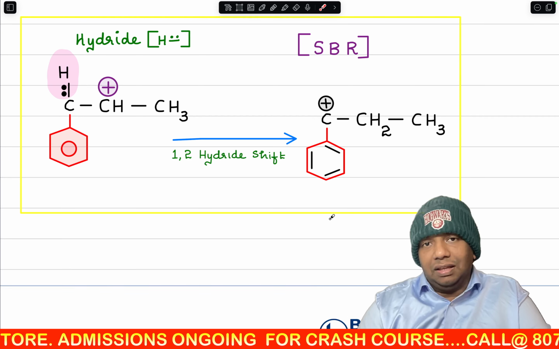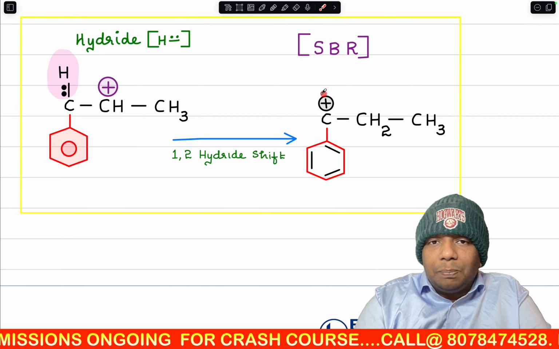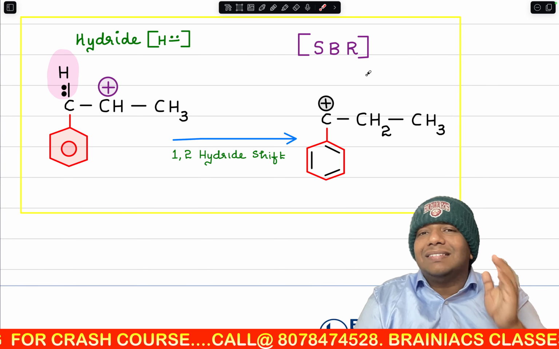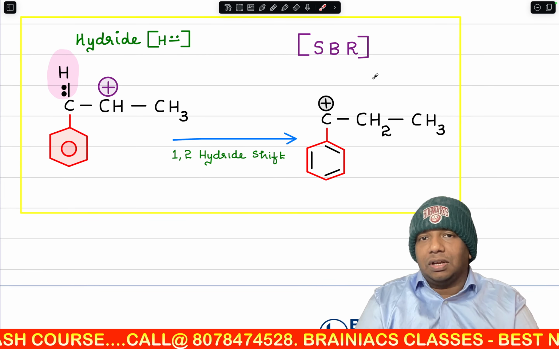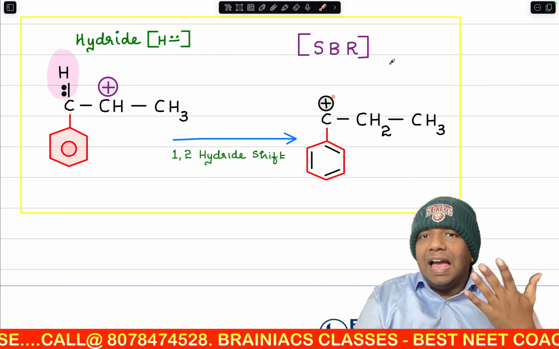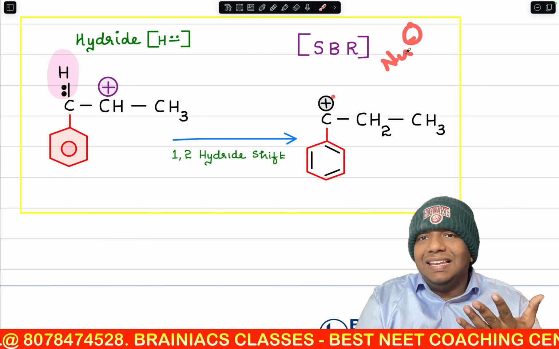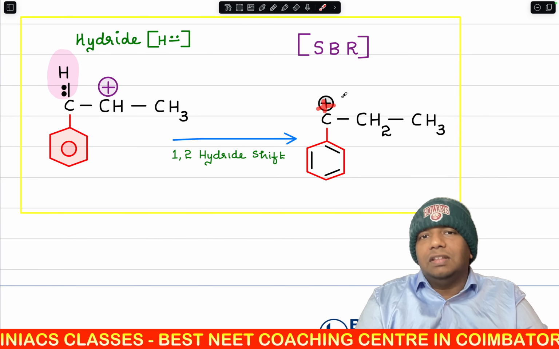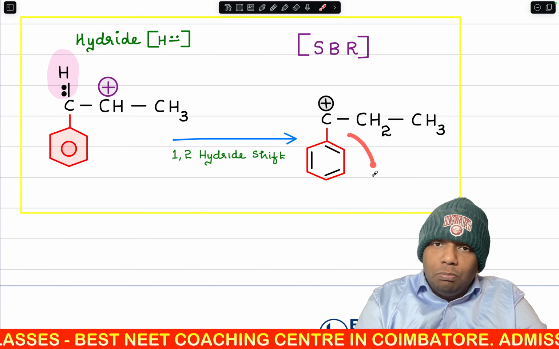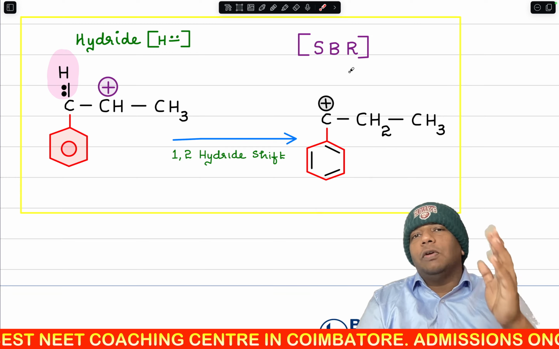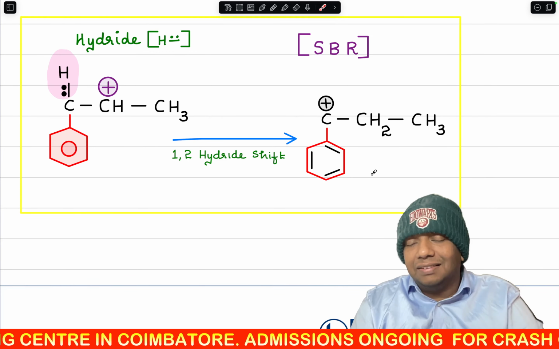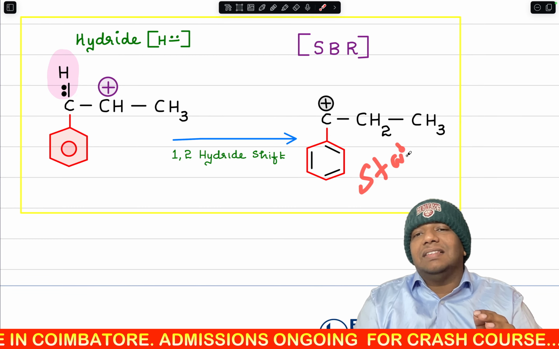The reason is, whenever charge is present at a particular place and it is localized, I can say there is a high probability of reaction because the charge is localized and the nucleophile can easily attack, because it is localized at this place. But whenever it keeps on moving, the probability of getting attacked by nucleophile becomes less, or reactivity decreases, or stability increases.